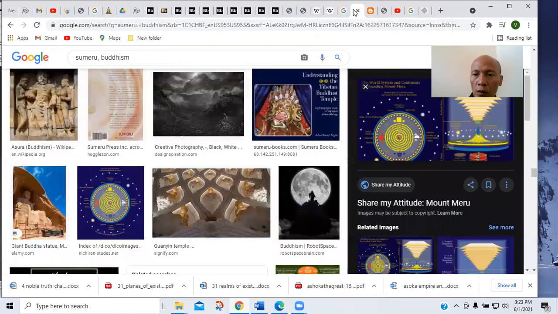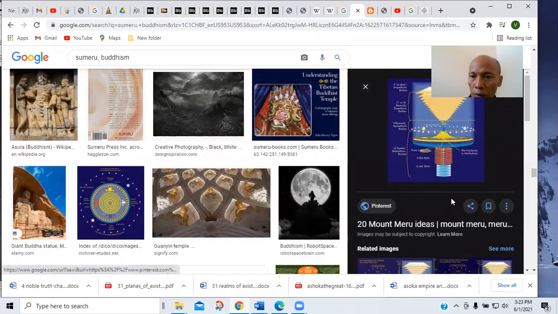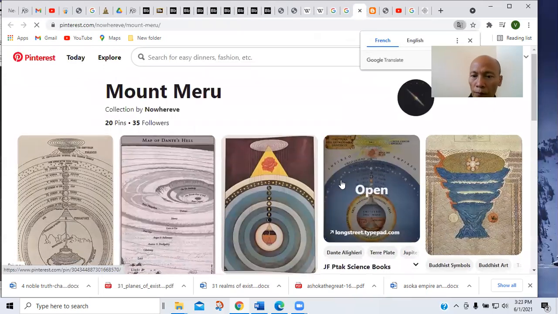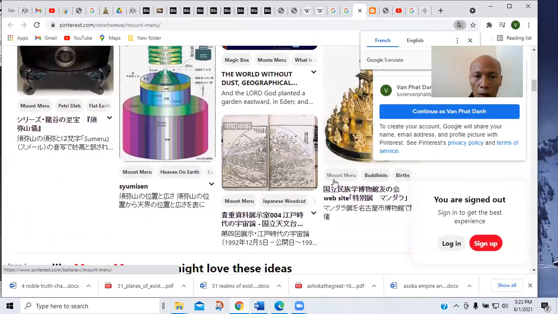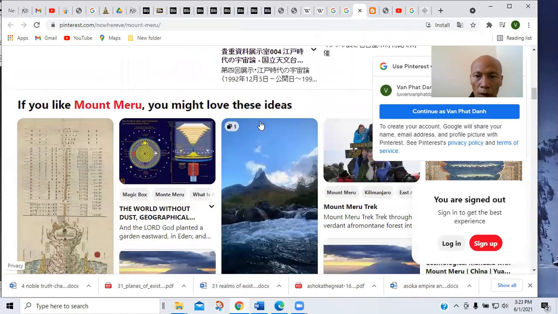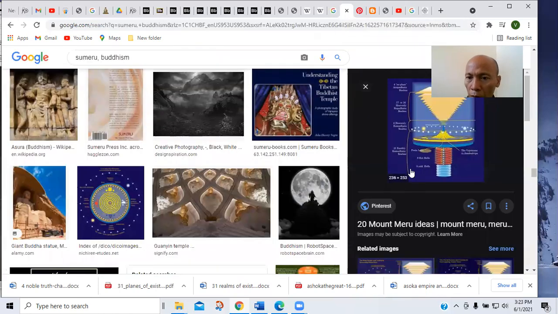Okay, so let's move back here. You can see this one is much easier. Here are the 21 earth realms, the 6 types of heavenly celestial realms, and 17 or 16 realms of celestial beings in the form realm, and the 4 types of celestial beings in the formless realm.